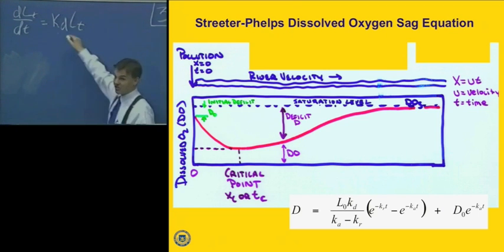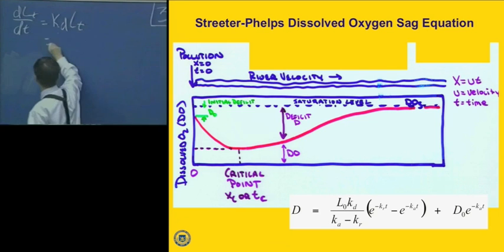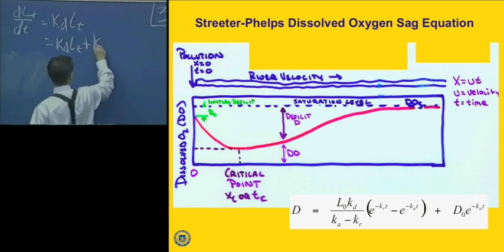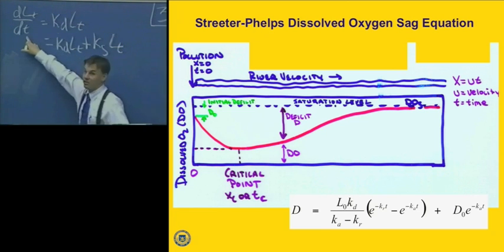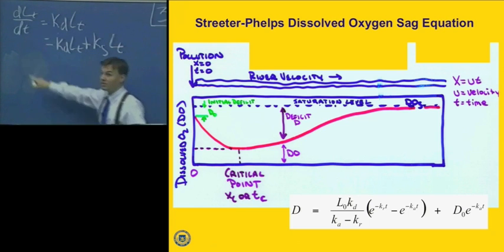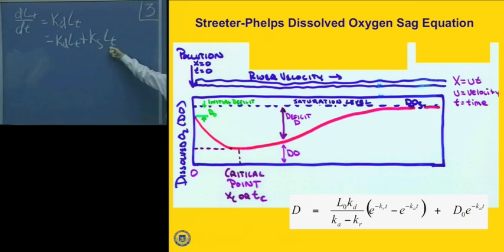Well, we're going to consider settling now also, and we're going to consider settling as a first-order equation also. So essentially, what we can say is Kd L of t plus Ks L of t. So the change of oxygen-demanding waste as a function of time due to settling is also proportional to how much is there. That makes sense.